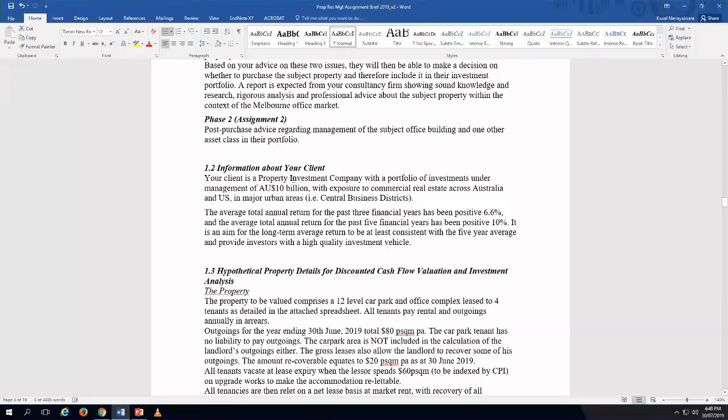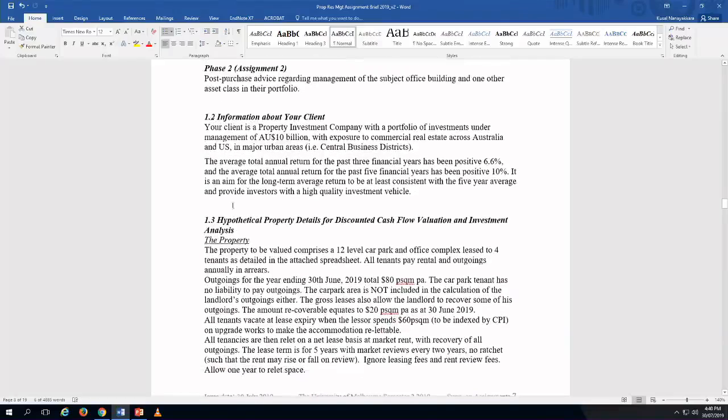Profile of the client. Your client is a property investment company with a portfolio of investment under management of Australian dollars 10 billion. Reasonable size portfolio, 10 billion, with exposure to commercial real estate across Australia and US in major urban areas, in CBDs.